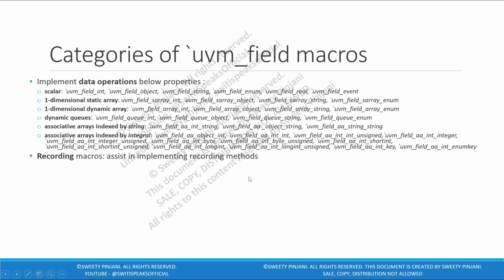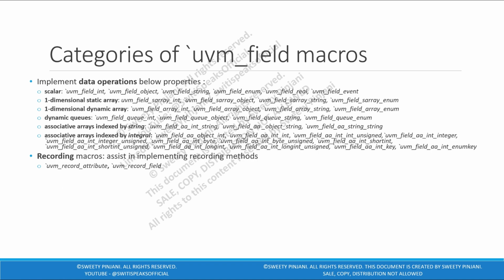Then there are certain recording macros. These recording macros will assist the users in recording. The first one is UVM record attribute. Now what happens? You have different vendors. And this UVM record attribute is a vendor independent macro.